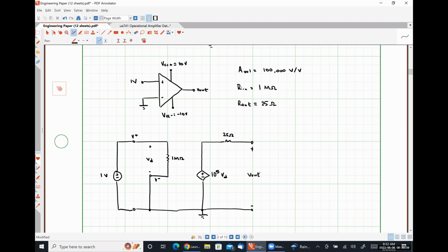One thing that I want to point out, and we'll get into this in a moment, is these voltages right here. VCC plus, which I have set equal to 10 volts, and VCC minus, which I have set equal to negative 10 volts.